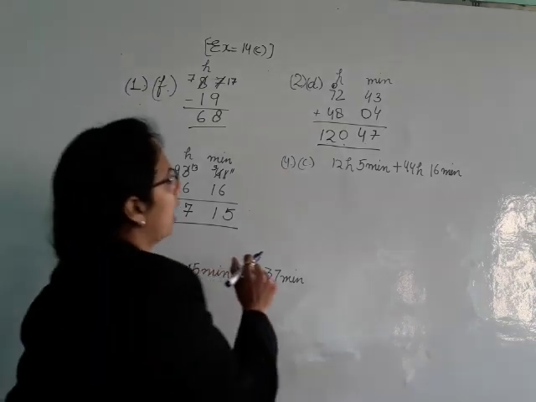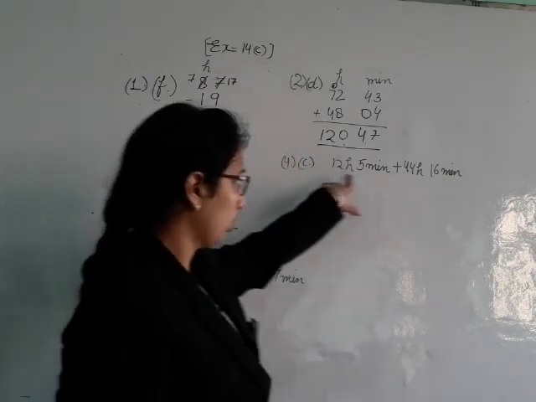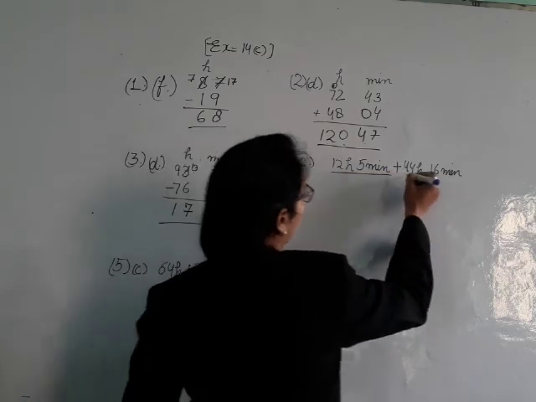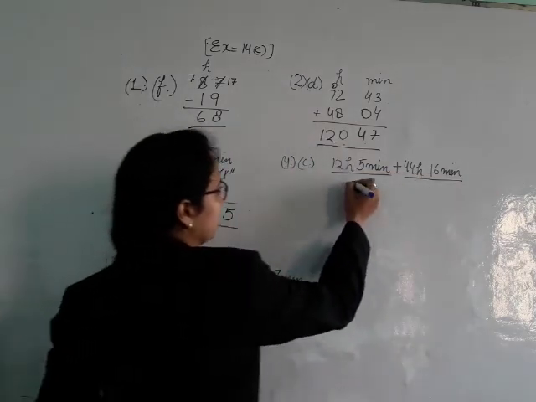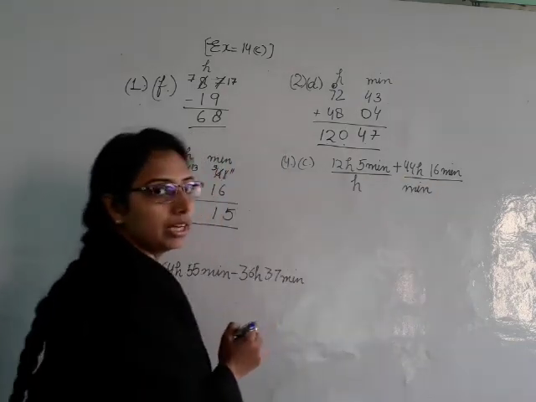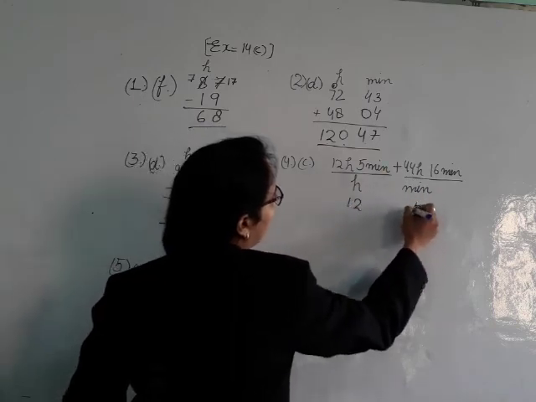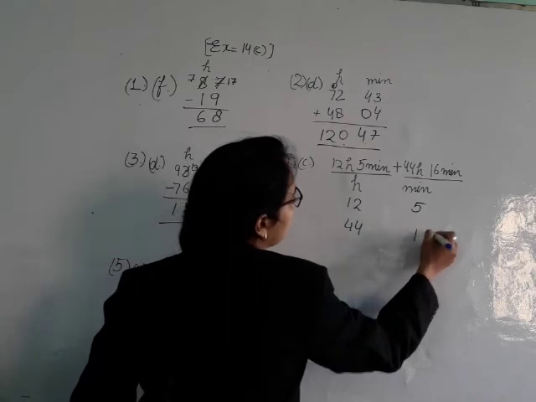Understood? Now, here are some questions which are in this form, so don't get confused. The first step to solve these types of questions is to arrange them in the column method, hours and minutes. So, 12 hours and 5 minutes, and the next one 44 hours and 60 minutes.